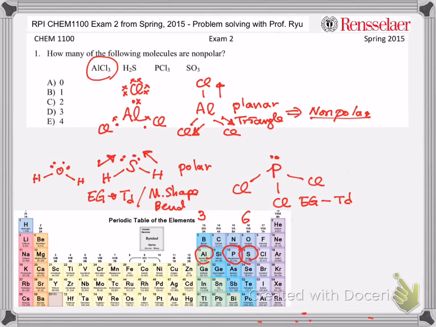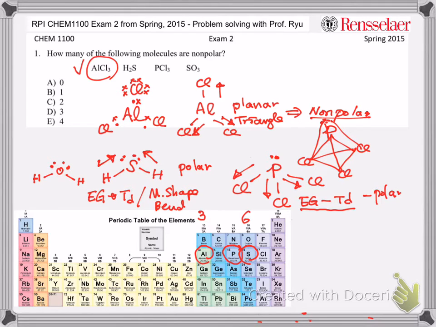They are not on the same plane: the chlorines form a triangle, the phosphorus sits on top, and there is a lone pair on top of them. That's why it's based on a tetrahedral structure. The electrons are being pulled this way because chlorine is more electronegative, so they cannot cancel out, so this is a polar molecule.